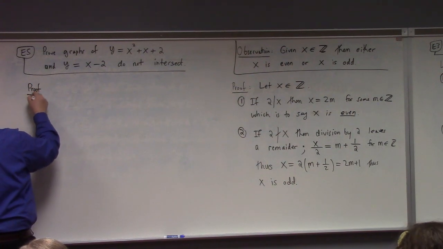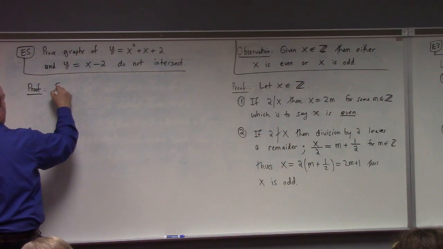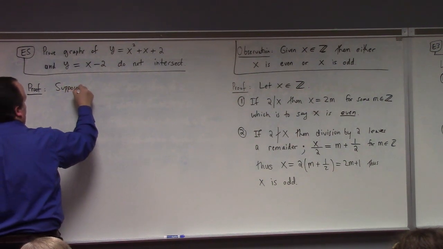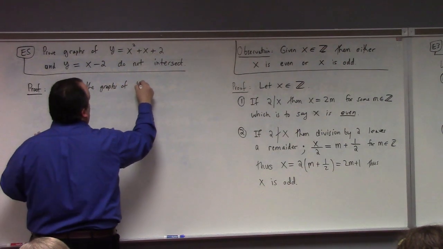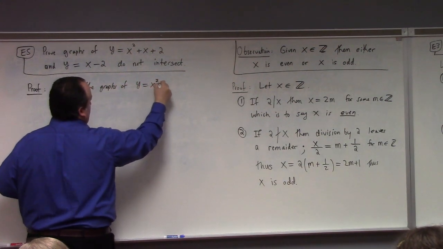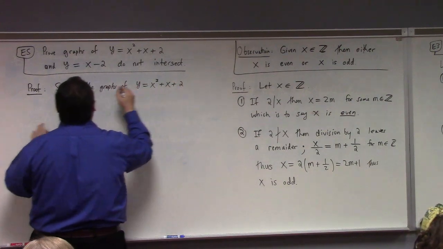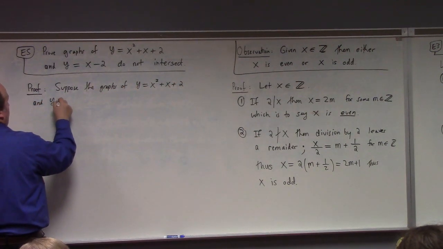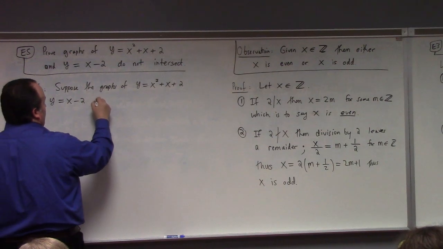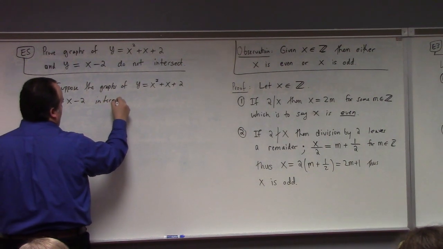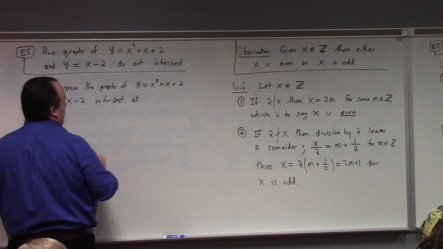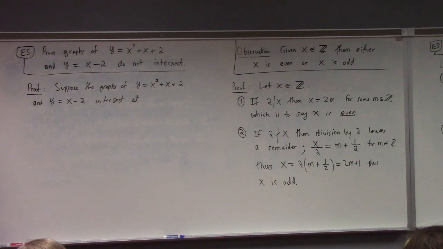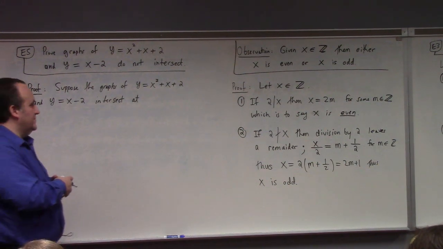So how do we begin? Suppose the graphs of y = x squared + x + 2 and y = x - 2 intersect. And I need to give a name to the point of intersection, so I'm going to use x naught, y naught.